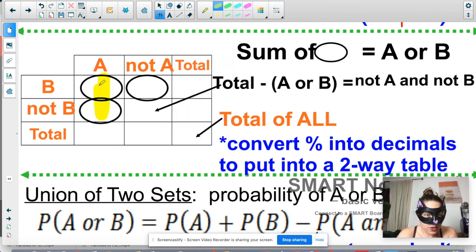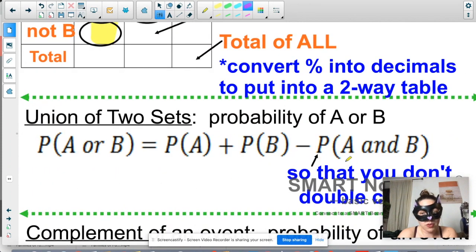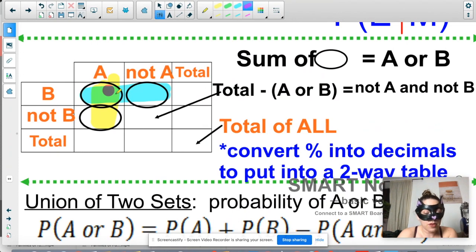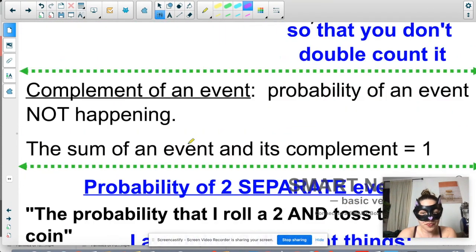You're adding these two together. That would be A. And then if you add B, you're adding these two together. But notice I just accidentally double added this part. So I have to subtract it. And that's where this comes from in the formula. You're subtracting the A and B. Okay, so you don't double add it.